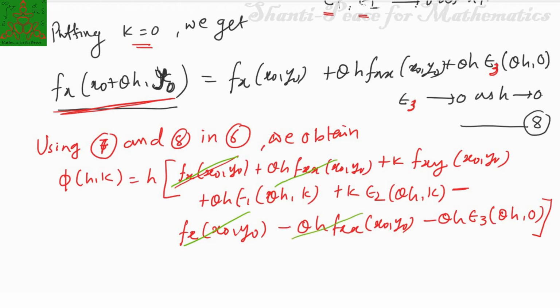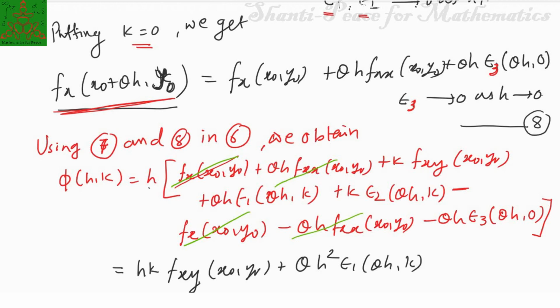So the left quantity is nothing but, by multiplying this h inside, we'll have hk fxy at x0 y0 plus theta h square epsilon 1 theta h k plus hk theta epsilon 2 theta h k minus theta h square epsilon 3 theta h into 0. This is the quantity left.